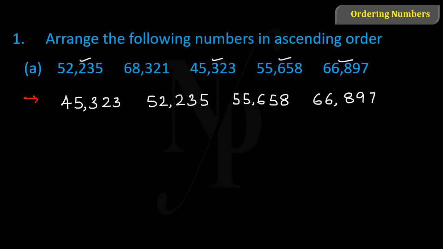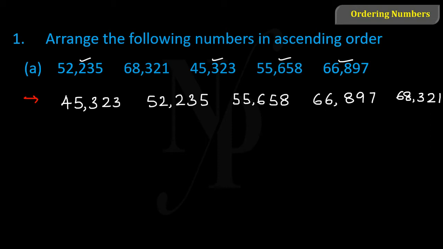Only one number is left, 68,321, and we write it last. Now we have arranged the given numbers in ascending order.